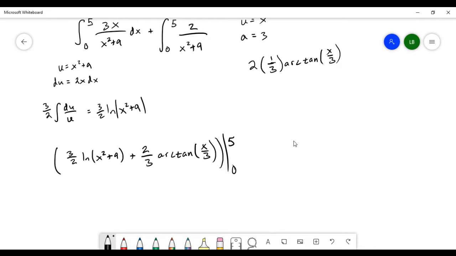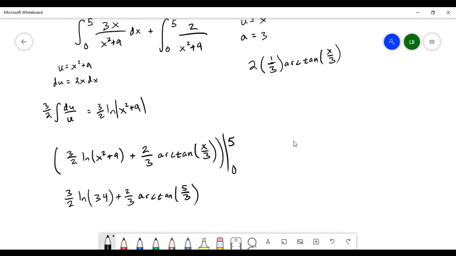Again, to get our final answer, we would just plug in our actual limits of integration. We have 3 halves natural log of 5 squared is 25 plus 9 is 34, plus 2/3 arctangent 5/3.